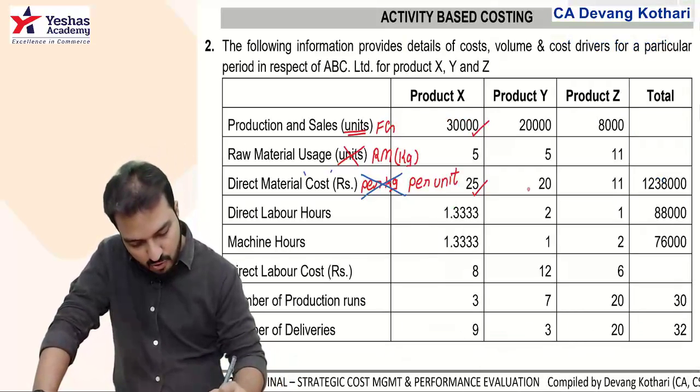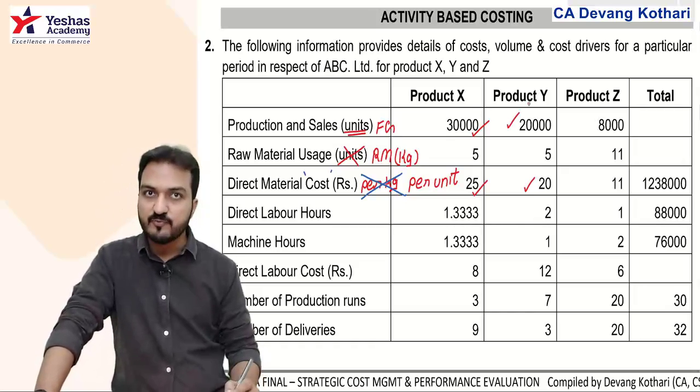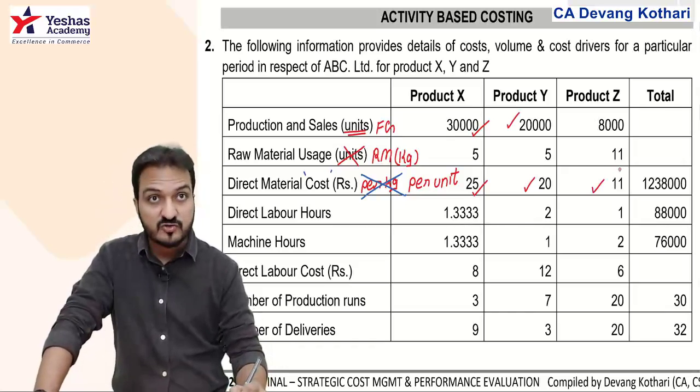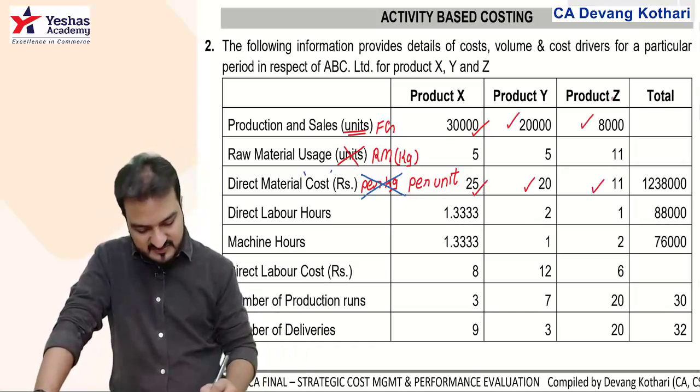Apart from that, 1 unit of Y has cost of 20, and 20,000 such units you make. 1 unit of Z has cost of 11 and 8,000 such units you make. Multiply, add them up, let's see.